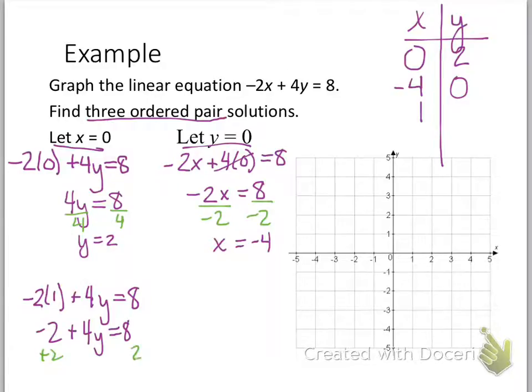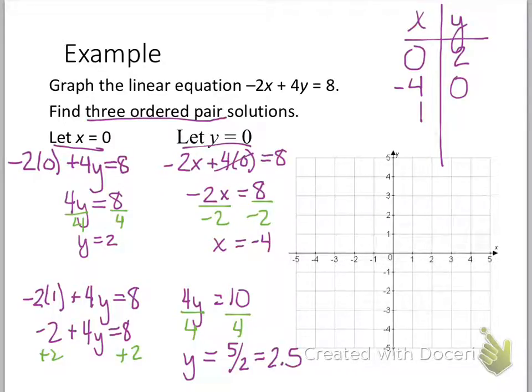Add 2 to both sides. That gives me 4y equals 10. Ew, it's a fraction. But we can graph fractions, no problem. That simplifies to 5/2, or you could write that as the decimal, 2.5.